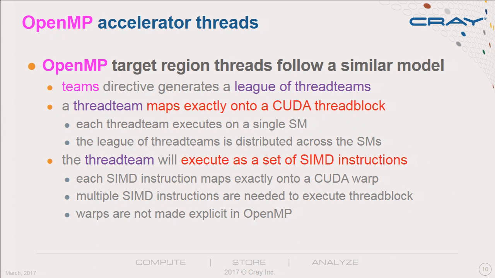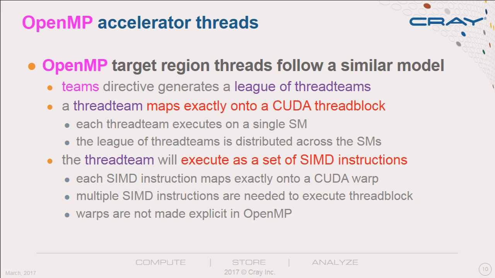In OpenMP, we have similar things. We also generate a so-called league of threads, which maps quite nicely to these CUDA thread blocks. And within these thread teams, we have a certain amount of threads.